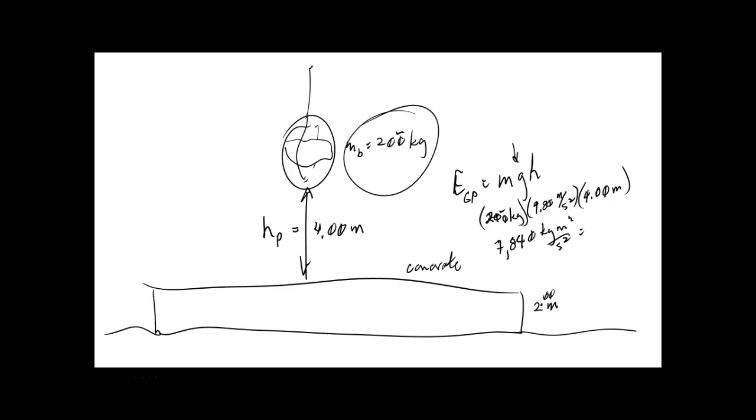What's a kilogram meter squared per second squared? Kilogram meter per second squared is a Newton, and a Newton meter is a joule. That's supposed to represent joules.